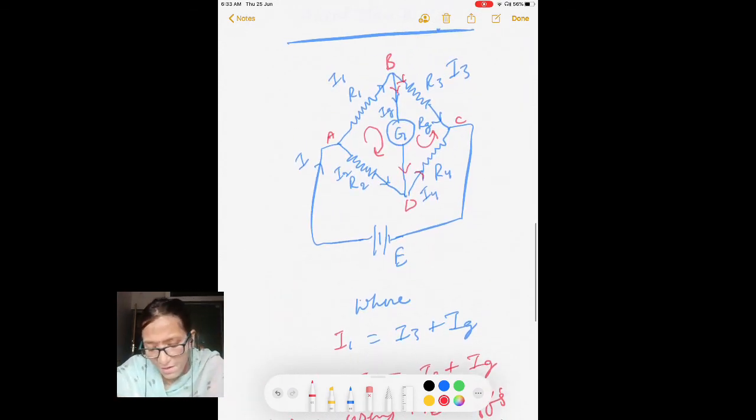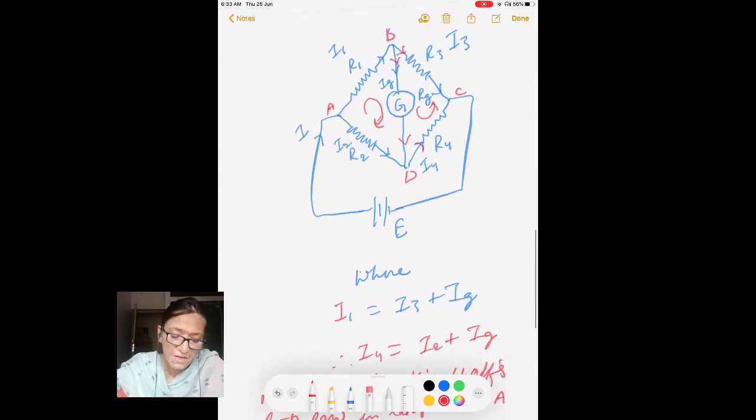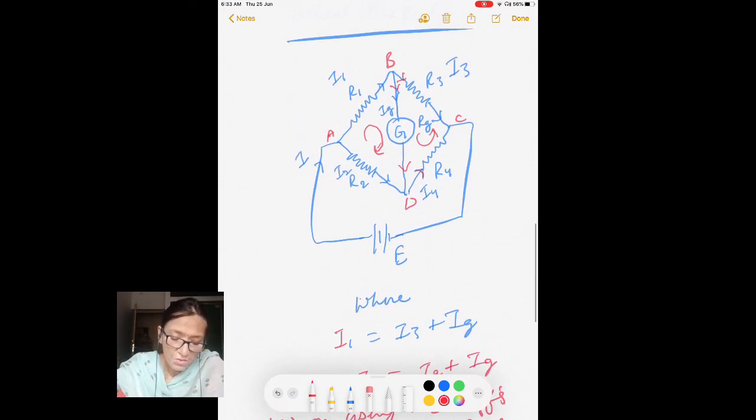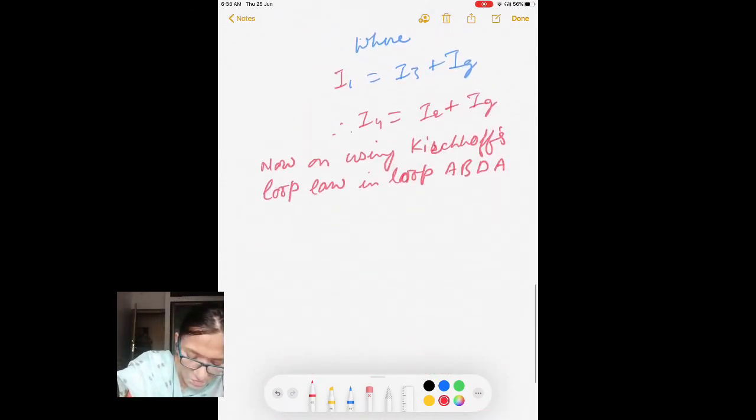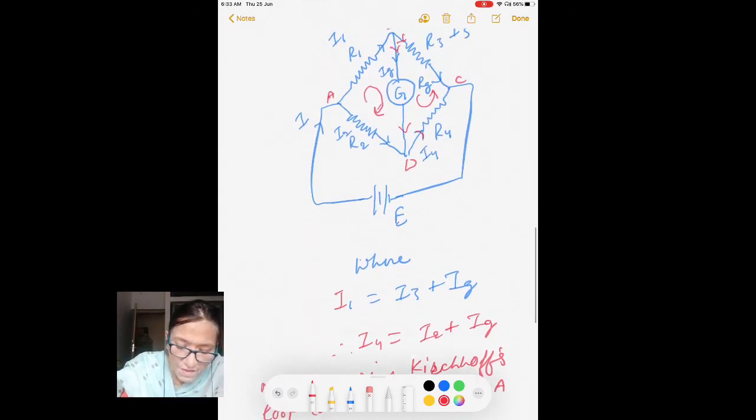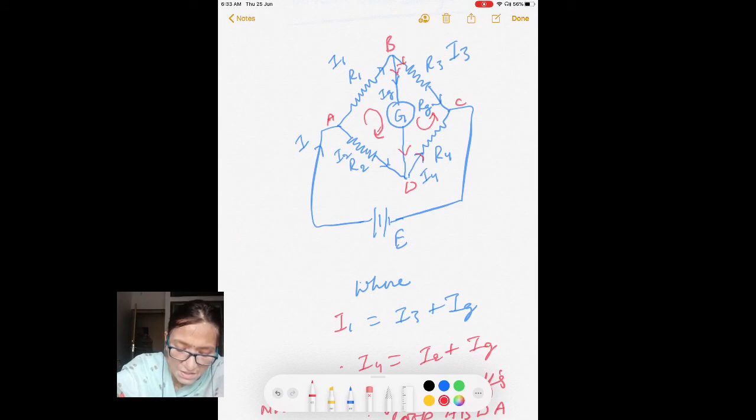So all the potential drops in resistors which are in the sense of flow of current that we have taken should be taken as positive in this scheme. So I1 R1, here current is flowing in the same sense.